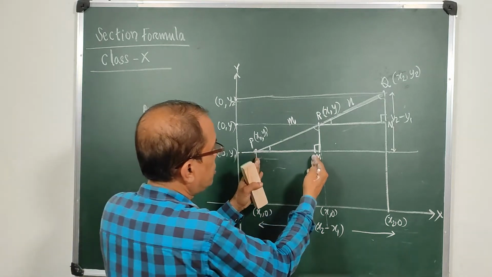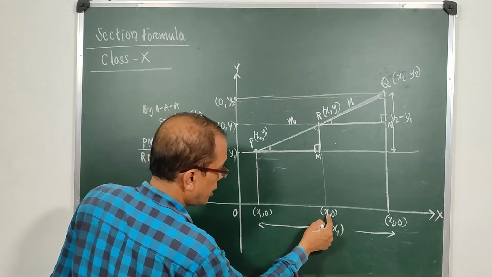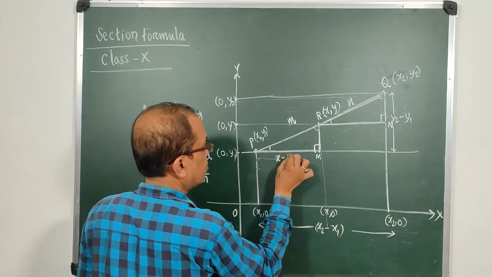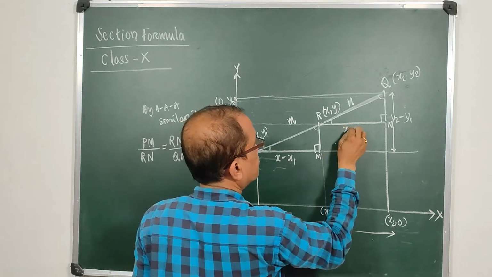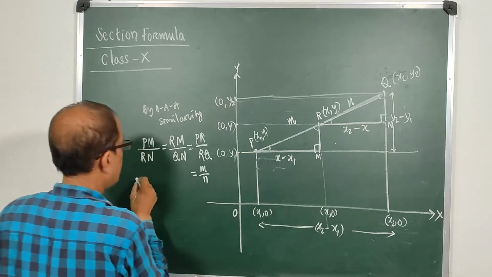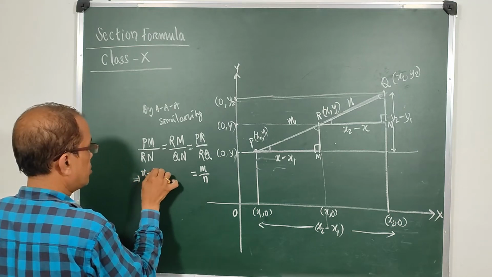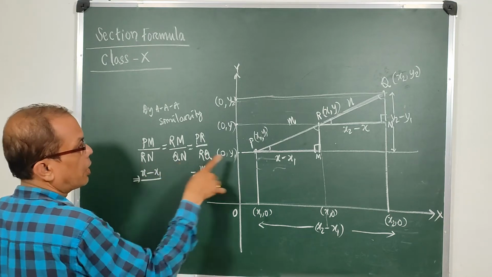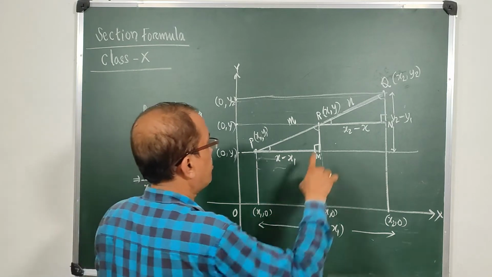Can we find these two lengths and these two lengths? These two lengths should be x minus x1 and this length should be x2 minus x. So we can write here PM is x minus x1 and RN is x2 minus x. And how much is RM?